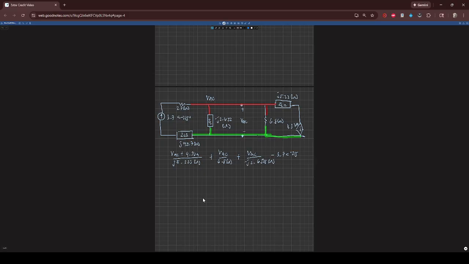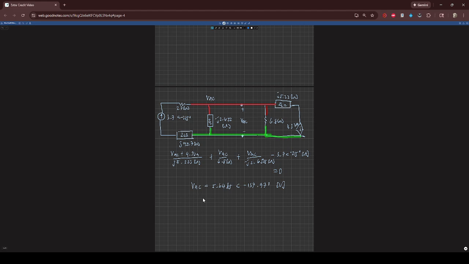Put it into a calculator. That should give you VAC equals 5.64885, and the angle is 137.97 degrees. Alright, now we've got VAB and VAC. So for a problem like this with different frequencies, as you can see right here, you convert it into time domain.